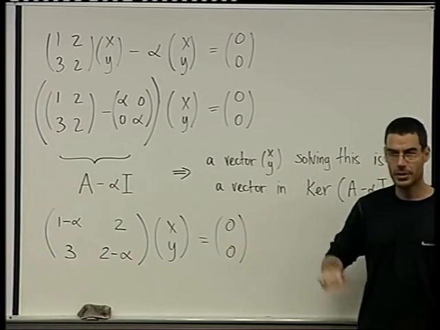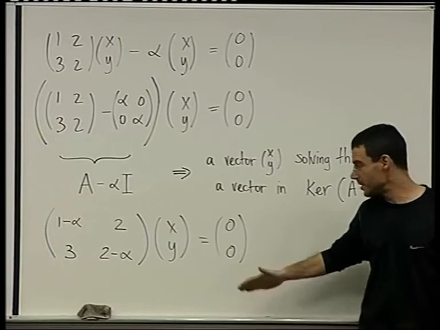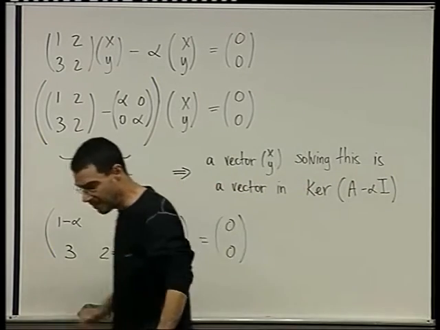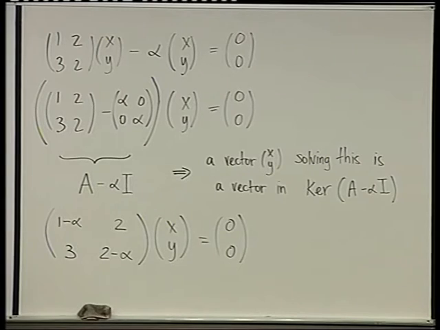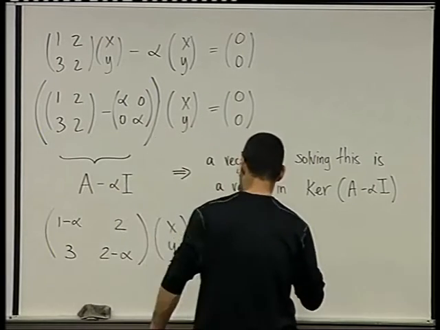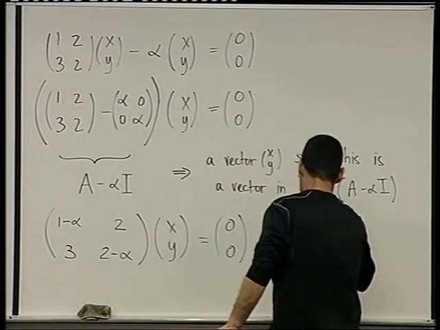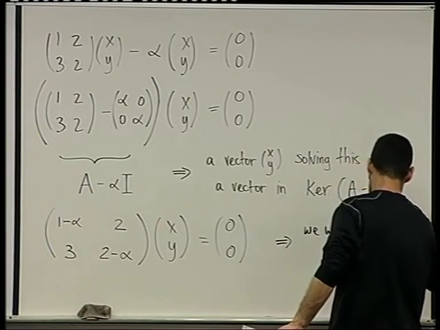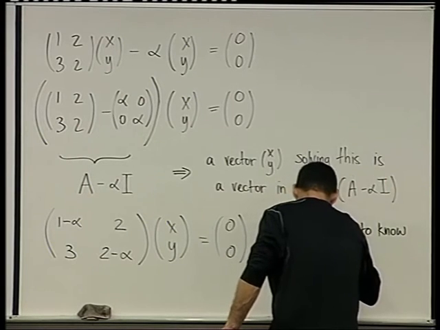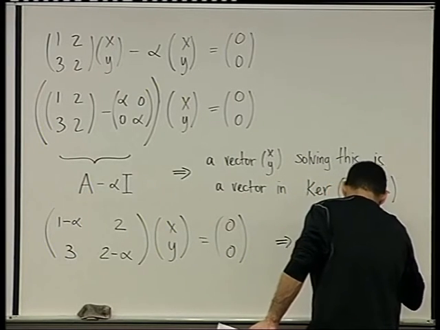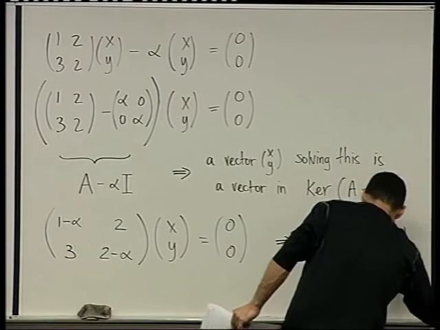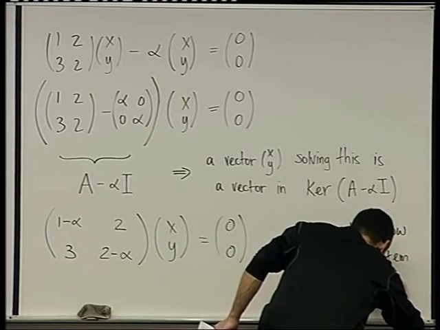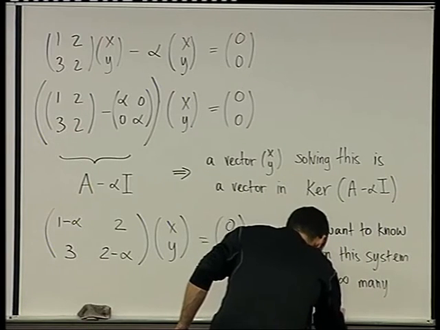If it does, there are going to be eigenvectors. So let's write that as well. We want to know when this homogeneous system has infinitely many solutions, and not just the trivial one.